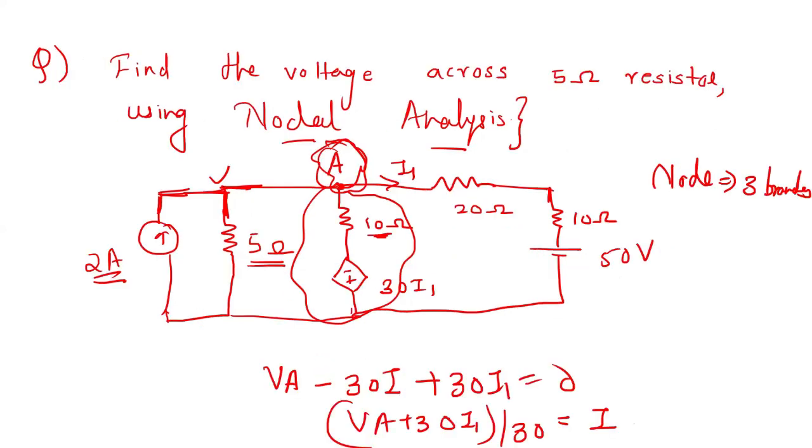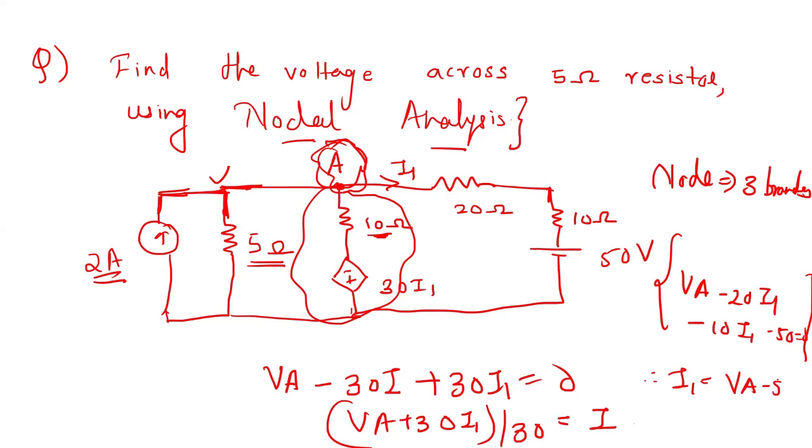I1 is found by applying KVL here. If I apply KVL over here, it is VA minus 20 I1 minus 10 I1 minus 50 equals 0. Therefore, I1 is equal to VA minus 50 upon 30.